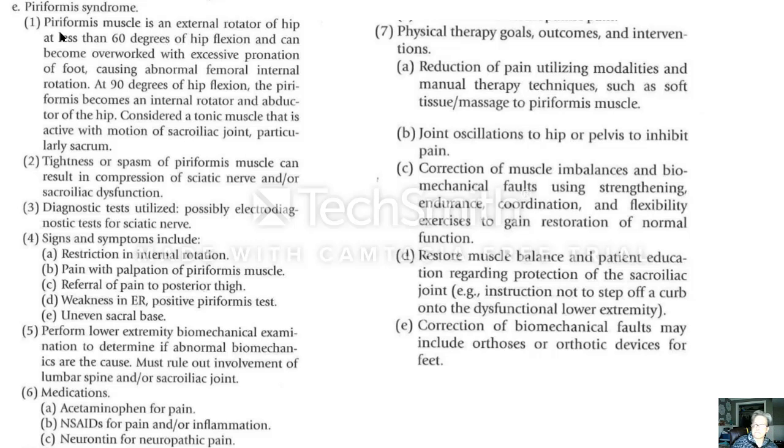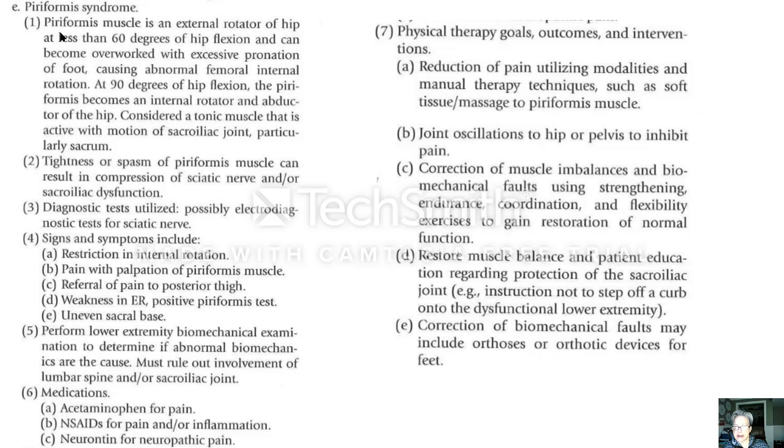Restore muscle balance and patient education regarding protection of the SI joint, with instruction not to step off a curb onto the dysfunctional lower extremity. Correction of biomechanical faults may include orthosis or orthotic devices for the feet.